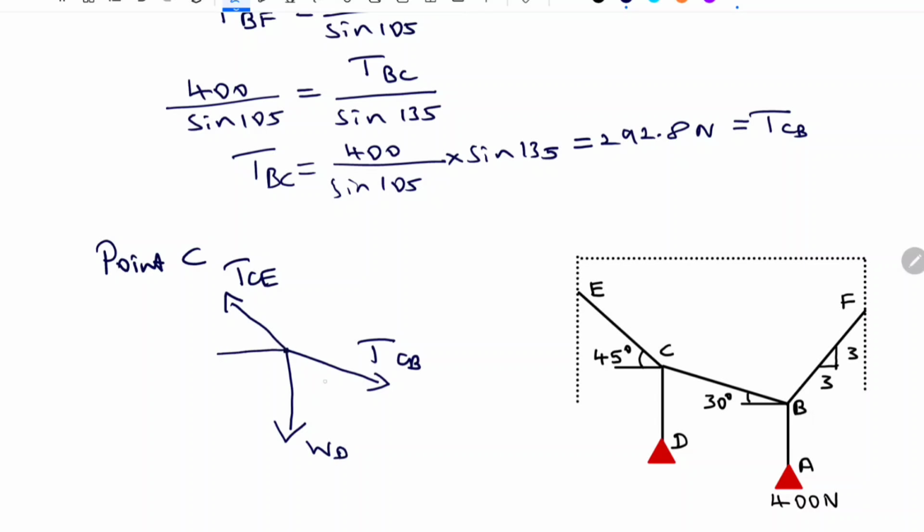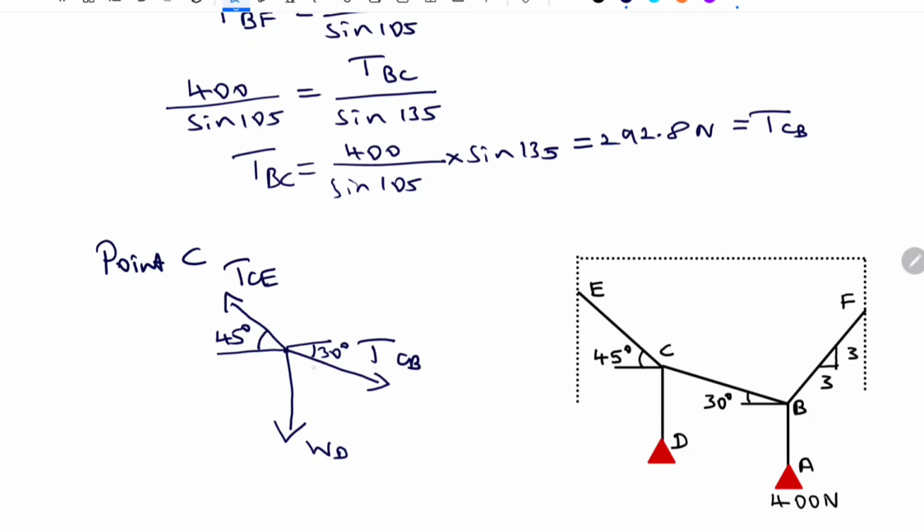We can use Lami's theorem here because we have three forces. First, the 45 degree is directly given, and also the inclination between the string and the horizontal line is given as 30 degree. If this is 30 degree, then this inclination is also 30 degree, so I can write 30 degree here.